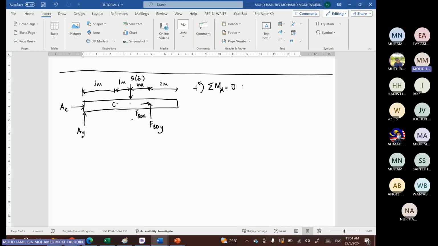So this is clockwise. So negative 5 times 6 times 3.